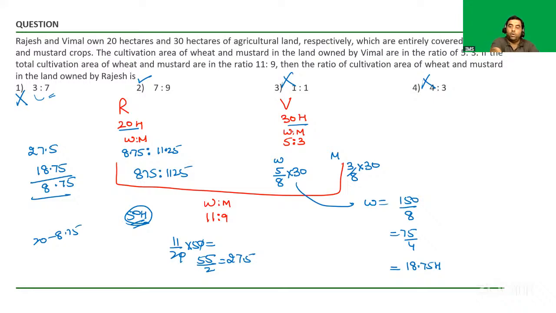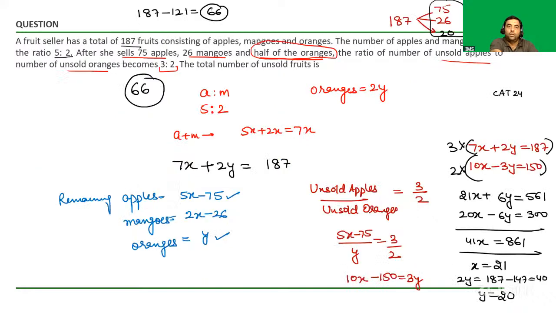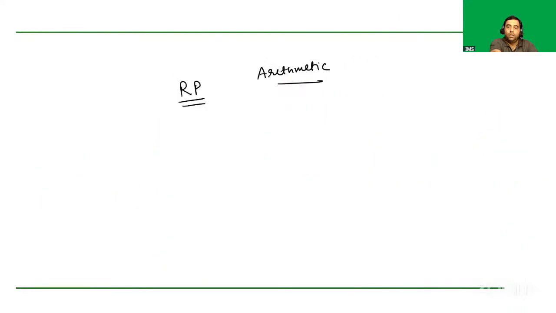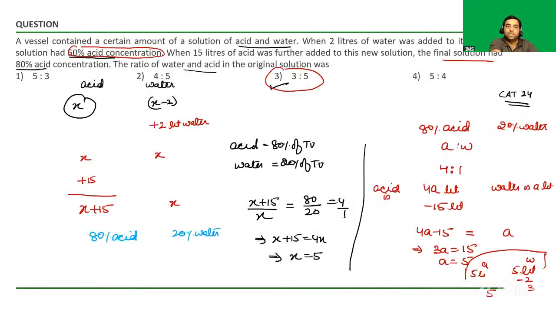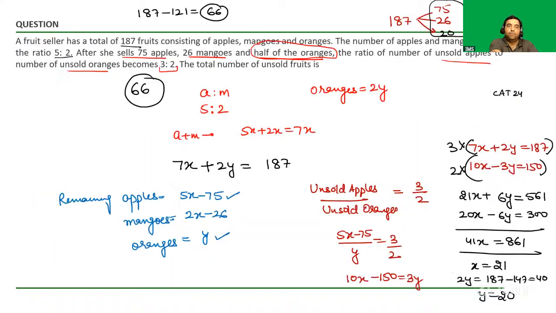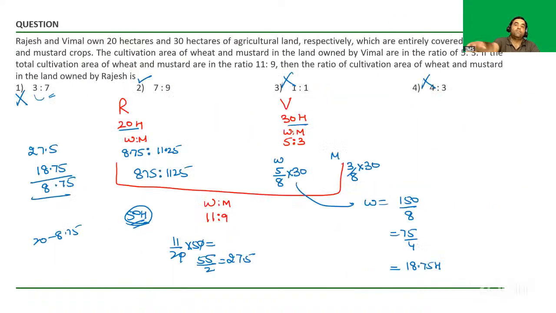Right? So now look at how many questions we have solved. This was the first question, second, third, fourth, and finally the fifth one. I hope the clarity is there. These are the questions which came in the real CAT. Not tough questions, so we've selected these.